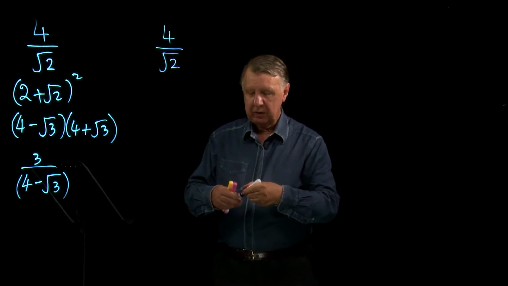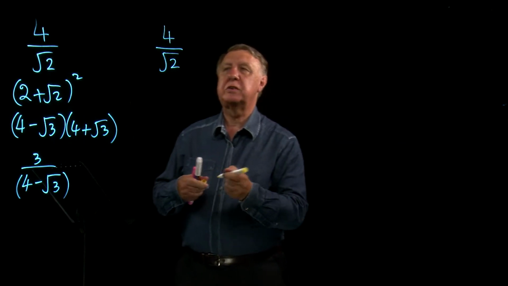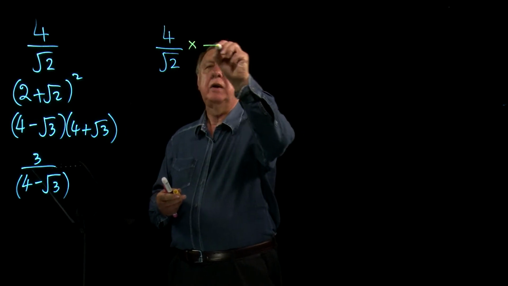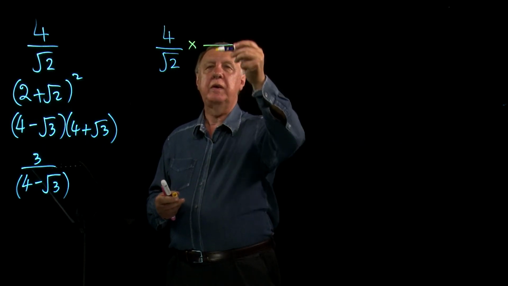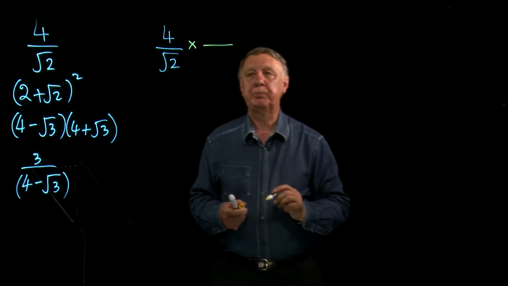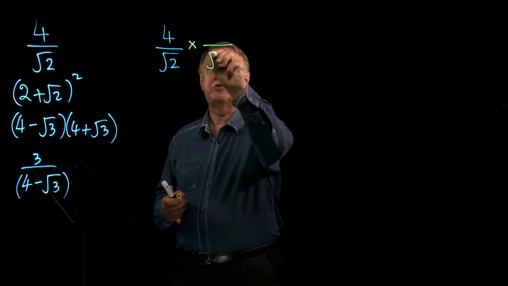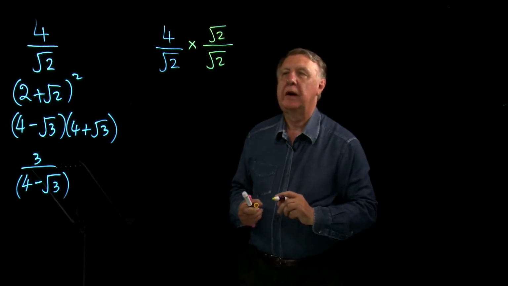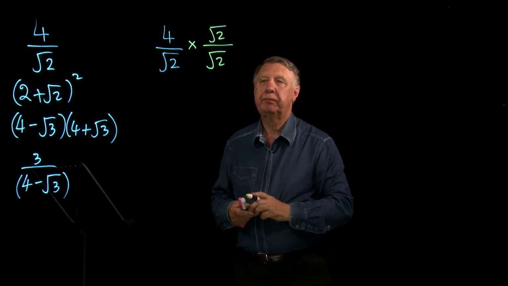can always alter a fraction without its value changing by multiplying by another fraction where the top lines are equal. And I'm going to choose those lines, top and bottom lines, as the square root of 2.